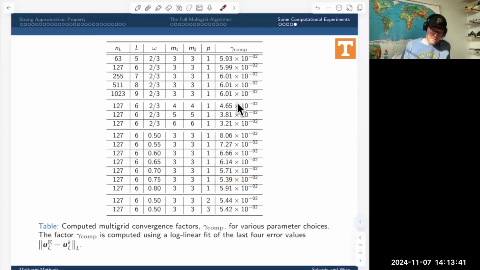So in fact, doing something really complicated like a W cycle doesn't necessarily do something better than what you can do with the V cycle algorithm. And doing more applications of a W cycle, that means going from P equals 2 to 3, doesn't always net you any faster convergence. Here, I'm only going from 5.44 times 10 to the minus 2 to 5.42 times 10 to the minus 2. So it doesn't net me very much more.